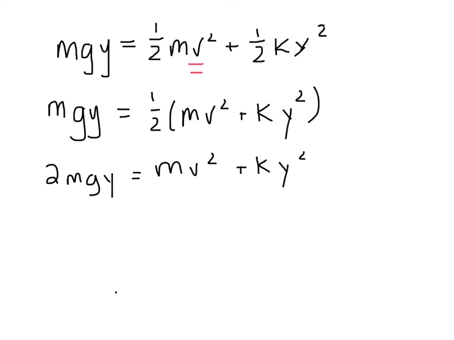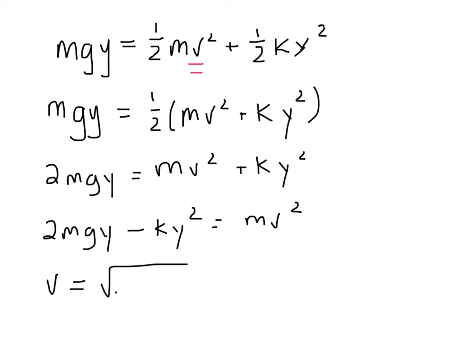Subtract ky squared from both sides, and divide both sides by m, take the square root, and I'm left with v is equal to the square root of 2gy minus ky squared over m.